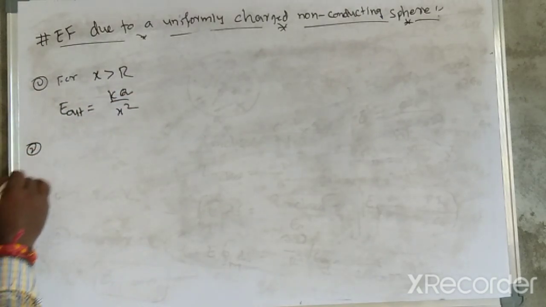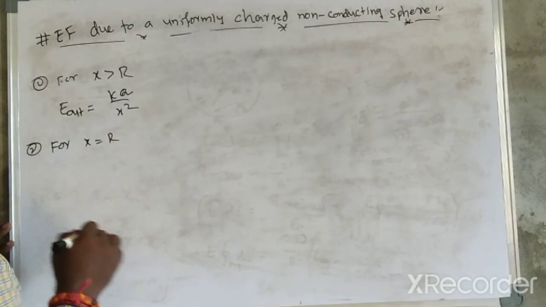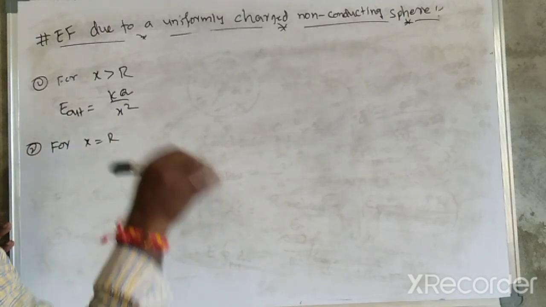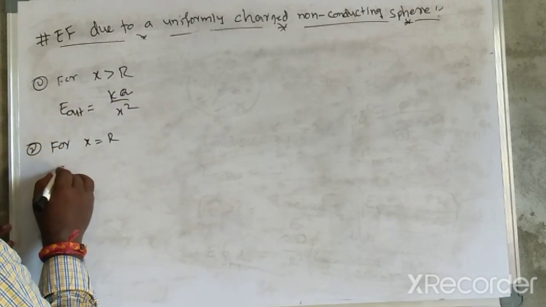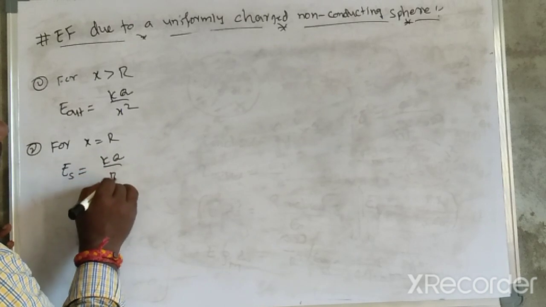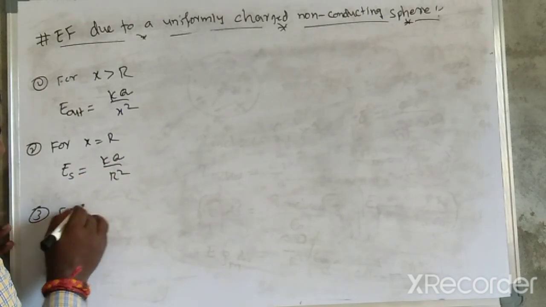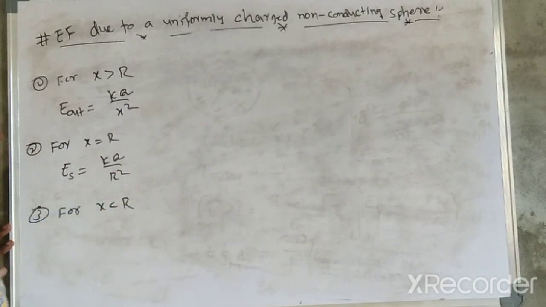Now the second condition, for x equal to R, which means on the surface of the sphere. So E_S is equal to kQ by capital R square. In the third case, for x smaller than capital R, let us consider a small non-conducting sphere with some charges inside. This sphere has radius capital R and density rho, which is coulomb per meter cube.